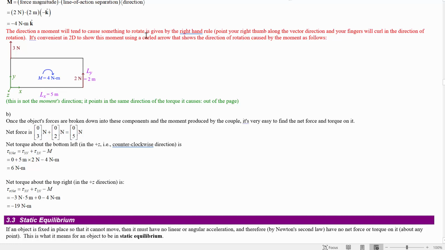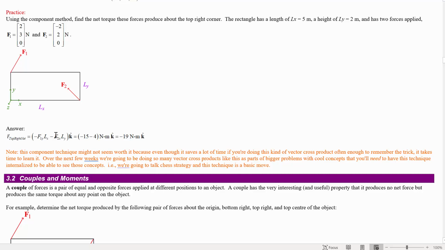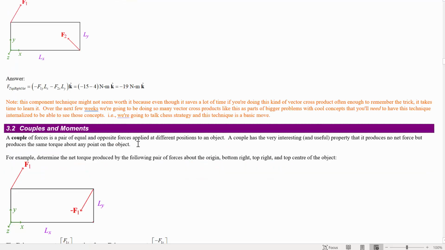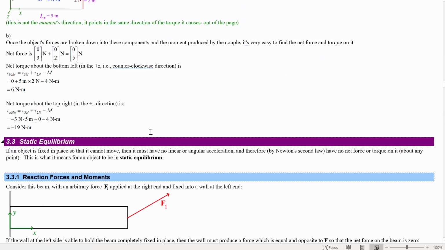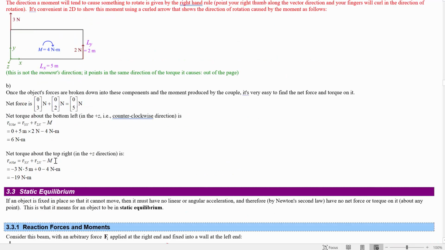Now this reproduces the things that we got before for the net torque about the bottom left, and there was an exercise problem up here that had you find it about the top right, and we also reproduced this number in this example as well. The main benefit, though, is not to use it to solve a problem like this slightly more quickly. It's more about the concept of moments.